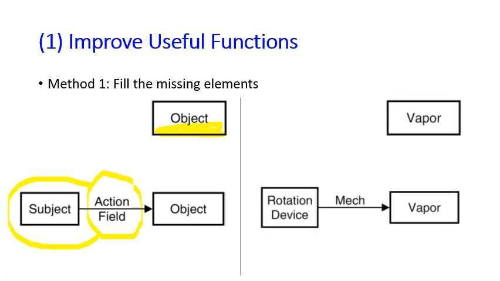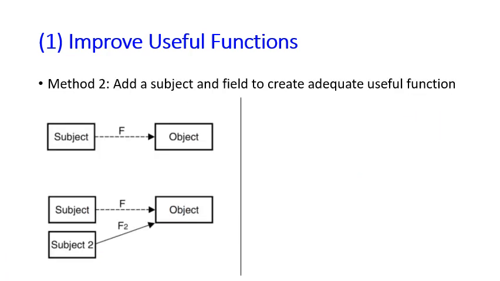For example, you have vapor bubbles in the liquid that you want to separate. So TRIZ suggests you add a rotation device that gives mechanical force such that it can separate the bubbles from the liquid. Now sometimes you already have the subject, but the useful function from subject to object is not enough.